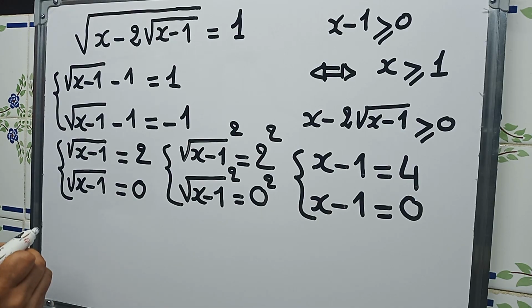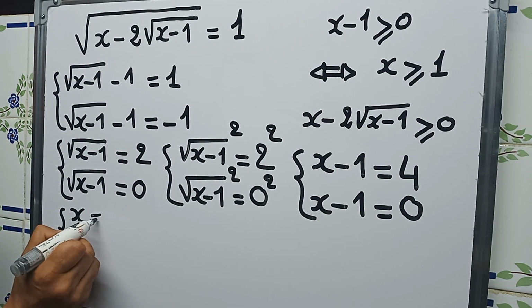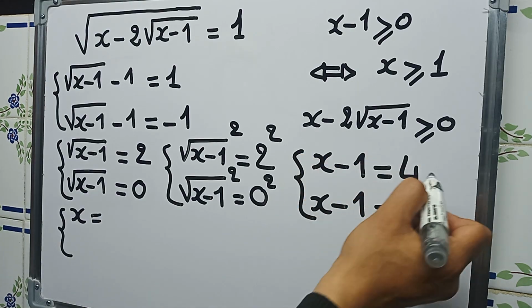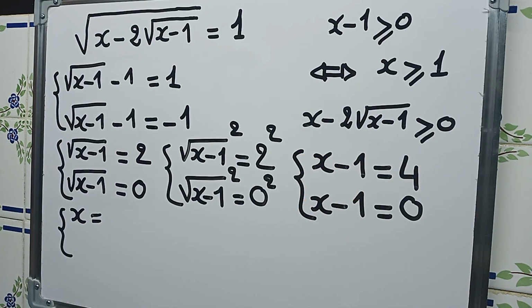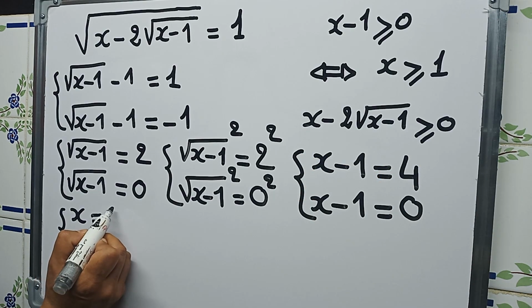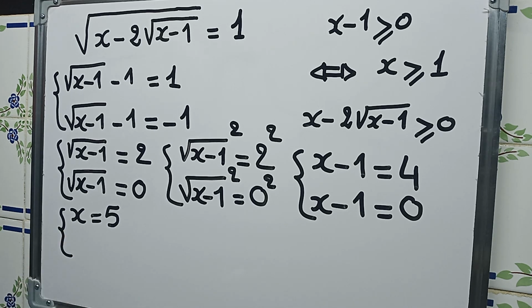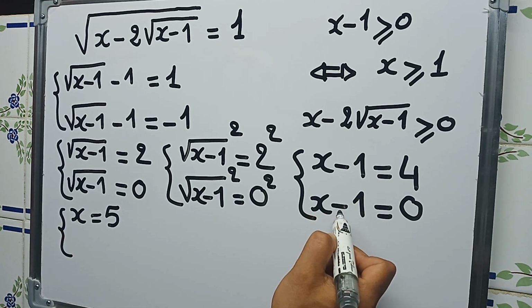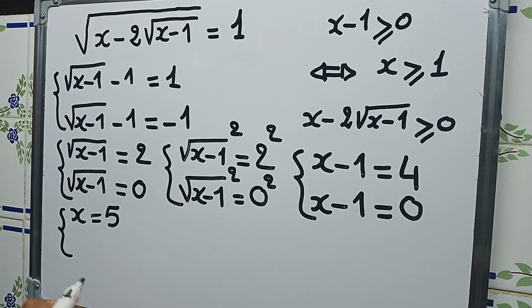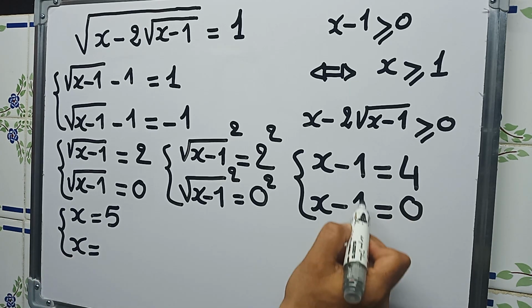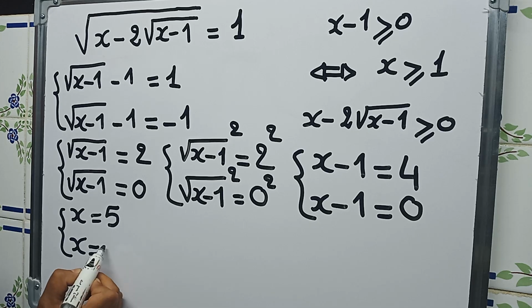Now the final step, x is equal to, here taking minus 1 to the other side becomes plus 1. 4 plus 1 is equal to 5. Or minus 1 to the other side becomes plus 1. X is equal to 0 plus 1, which is equal to 1.